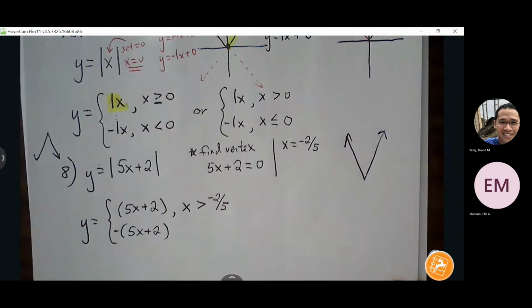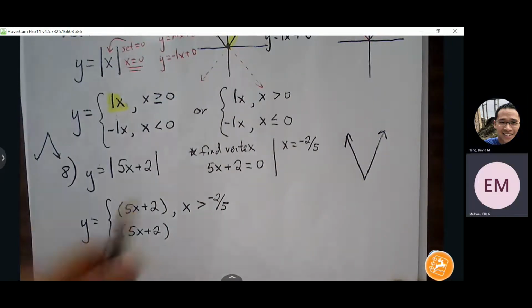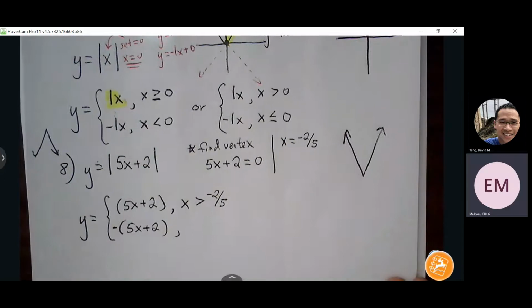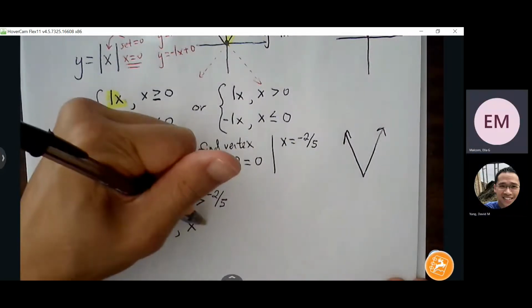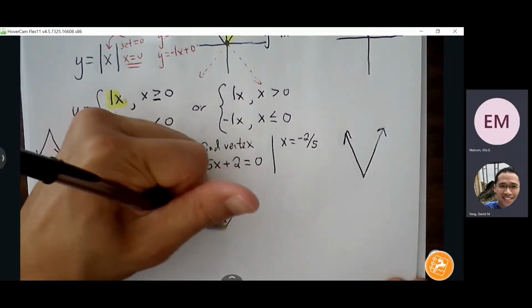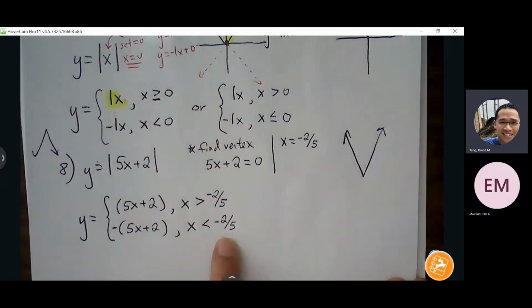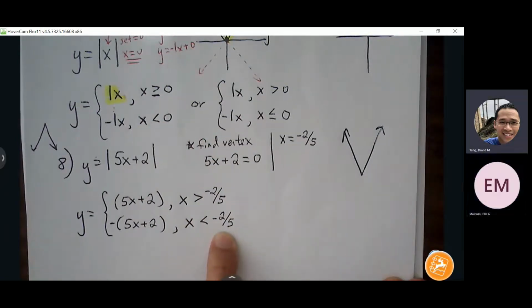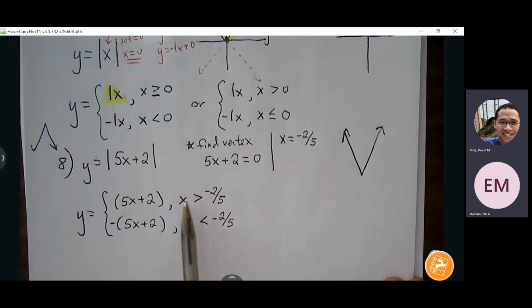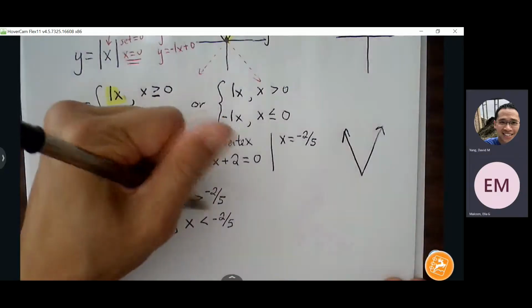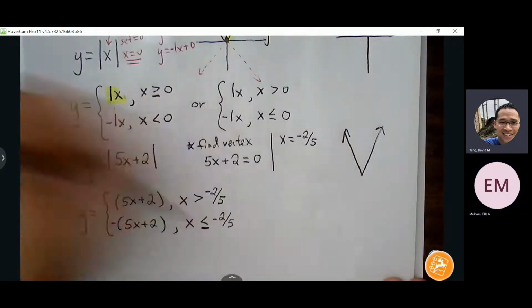And then since that one's a negative slope, it's going to be x is less than -2/5, in other words, to the left of my vertex. And then either one of those can have the equals. Just don't put it in both. You can choose either one.